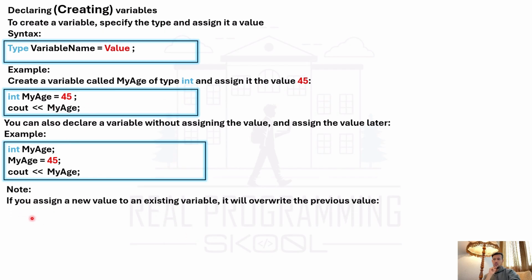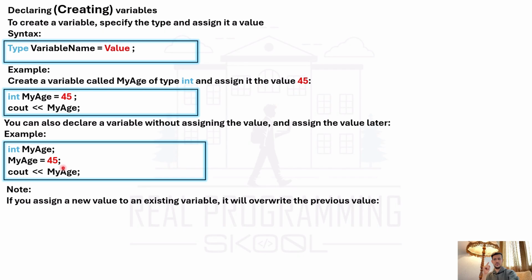And we have here a note: if you assign a new value to an existing variable, it will override the previous value. Exactly, if I write after cout object less than my age, and if I assign the variable called my age a new value, for example 25, the compiler will go to the memory location. First it will print for me the first value 45, because I told it console output my age.